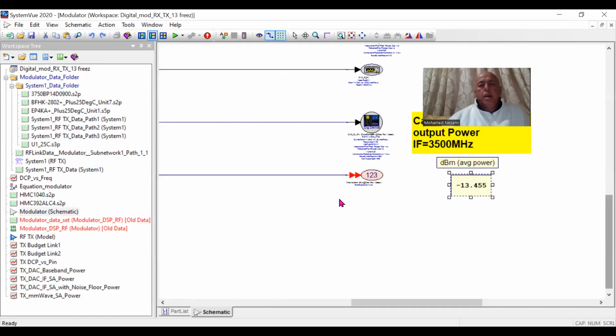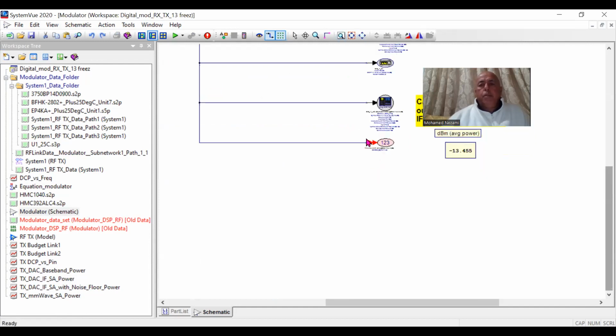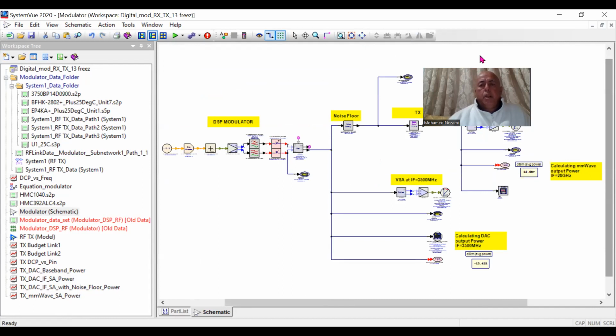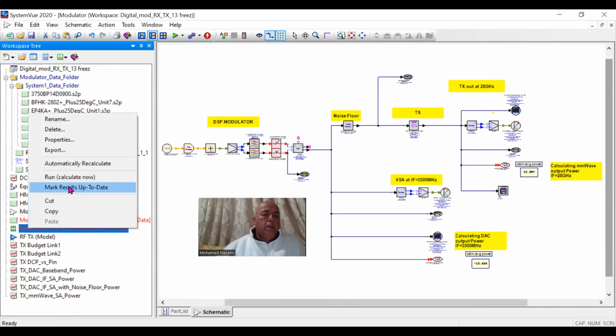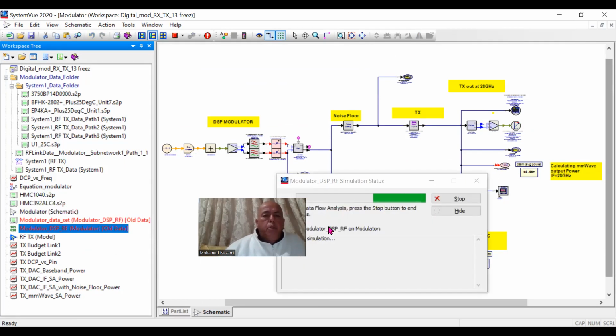That's what I have right now in here. For instance, it's minus 13 dBm out of the DAC. So let's run this system. It's going to take about 2 minutes to run. I'm going to run the co-simulations right now.